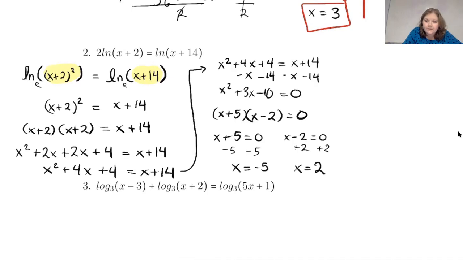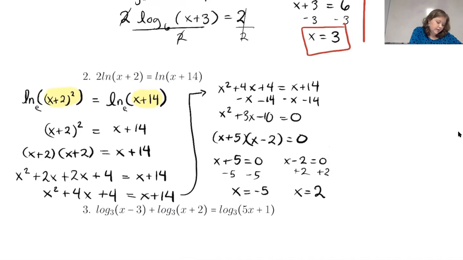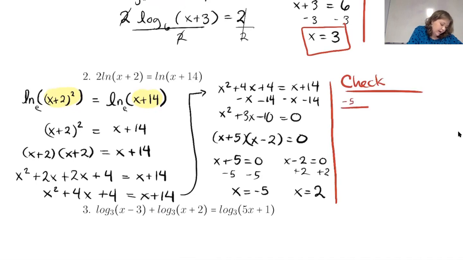So before we accept those as our answers, we have to check it and make sure that they don't make the inside of either of our logarithms 0. So we'll have to check both of these. So I'm going to start by checking negative 5. And I'm going to plug it into the inside of this first logarithm. ln of negative 5 plus 2 equals natural log of negative 3.